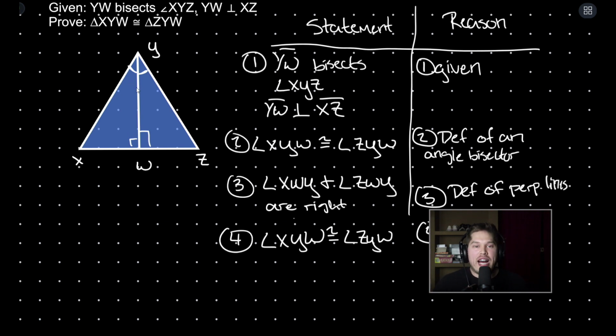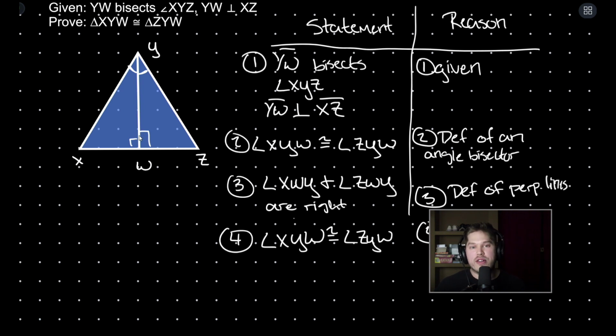And the last couple of steps for these proofs, especially since we're doing triangle congruency proofs, we want to see how they're going to relate back to one of those 5 postulates. Okay, and what do we have in this example so far? Well, we have 2 angles, so we need to figure out, is there anything to do with one of the sides in this triangle?